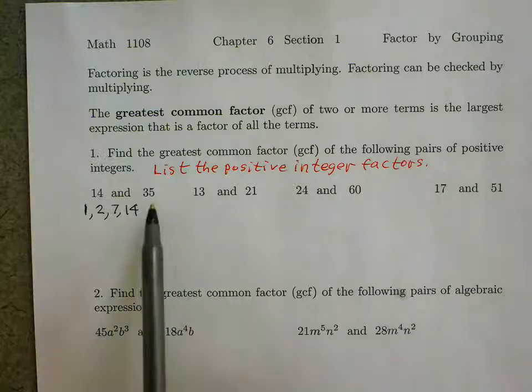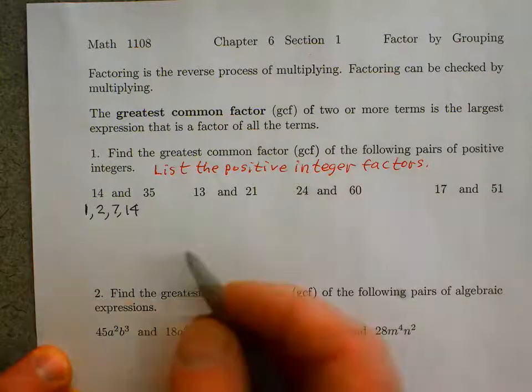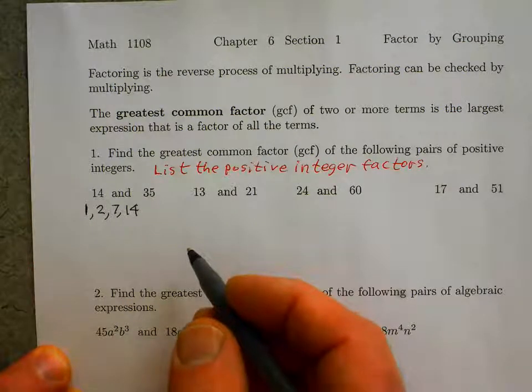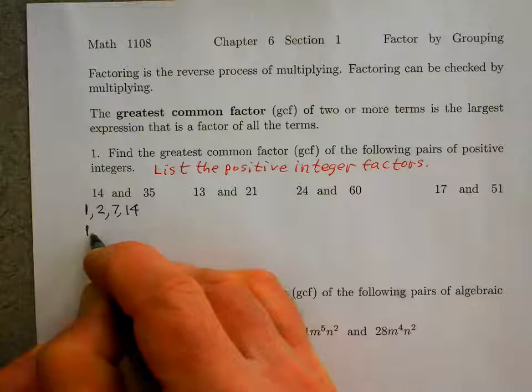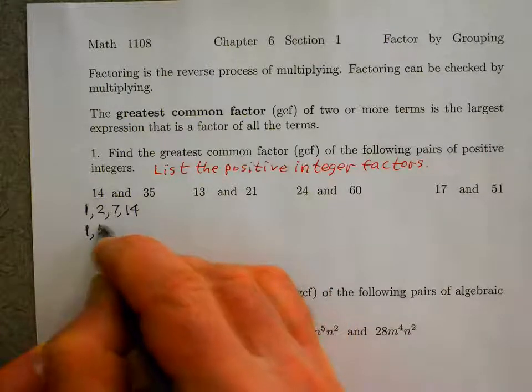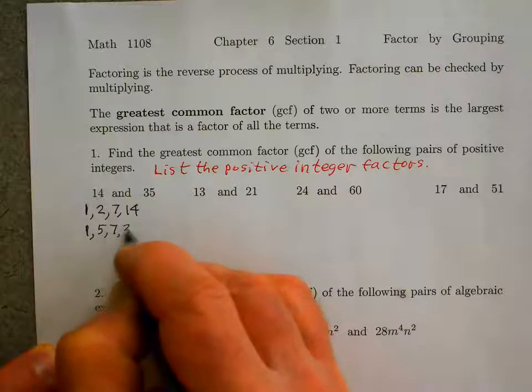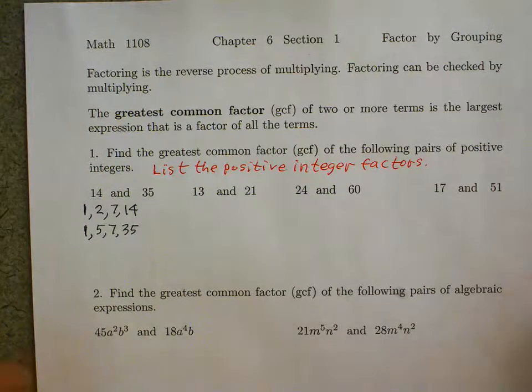The positive integer factors of 35: 1 times 35, 5 times 7. So from smallest to largest, 1, 5, 7, and 35 are the positive integer factors of 35.